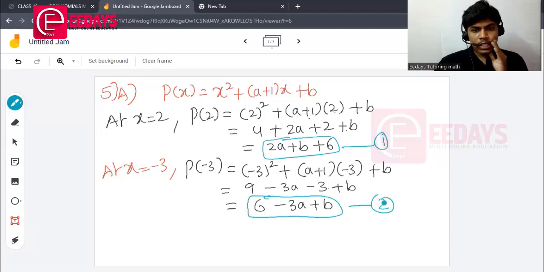Any correlation from the two equations? All right, let's do one thing. We are getting two equations.